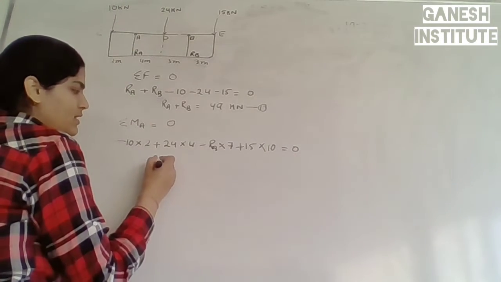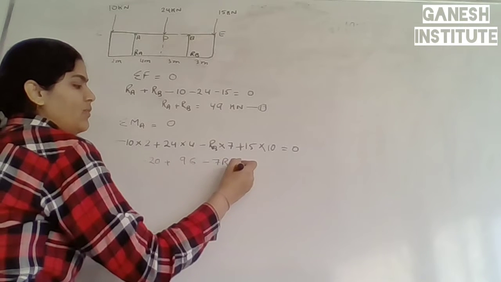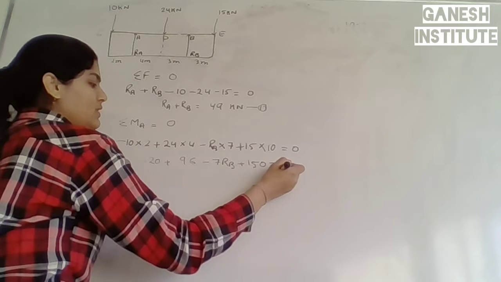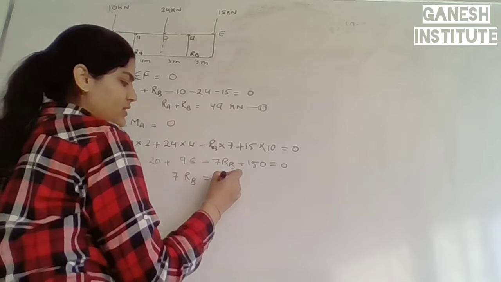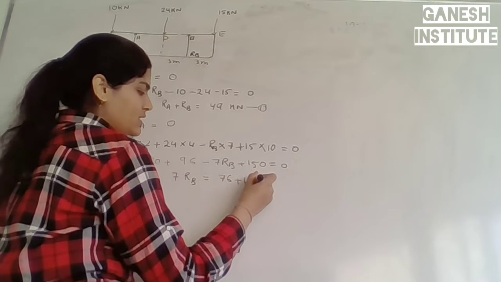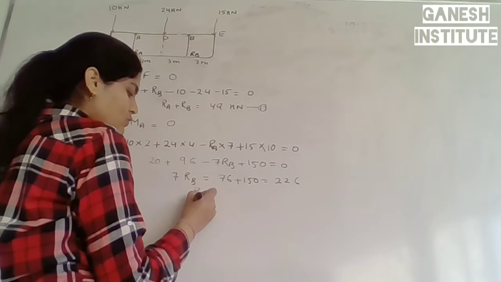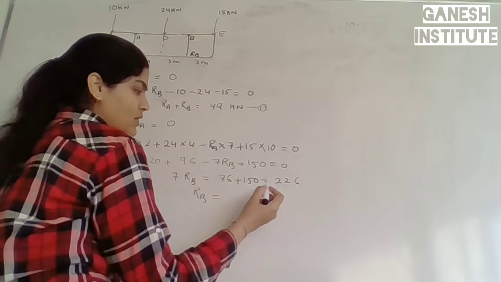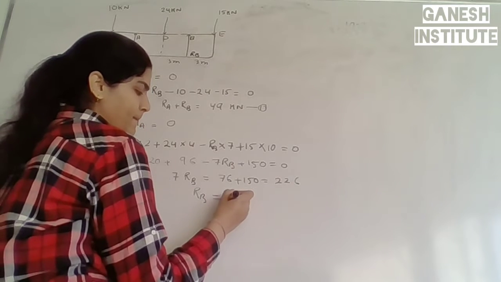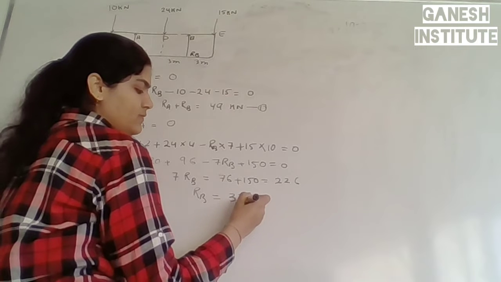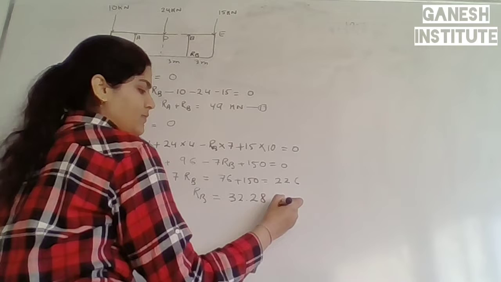So minus 20, 4 4 is 16, 96 minus 7 RB plus 150 equals 0. So 7 RB equals 76 plus 150, that means 226. So RB we have got as 7 3 is 21, 7 2 is 14, then 20, 7 2 is 14, 7 is 56.